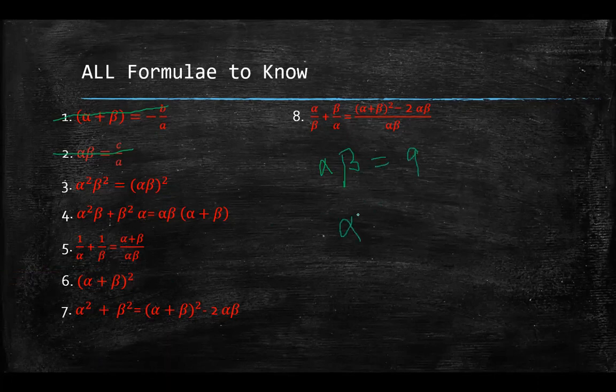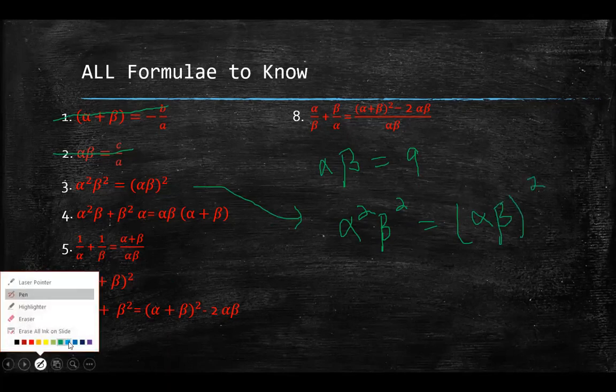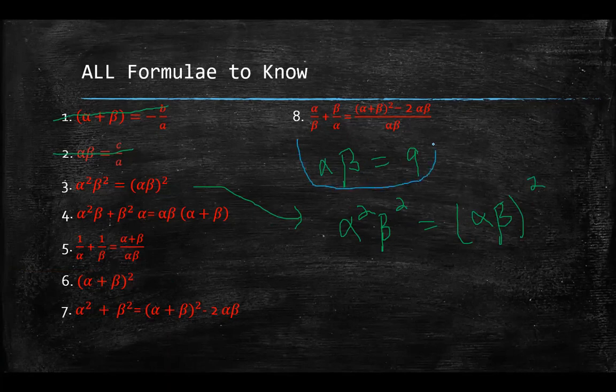If they ask me for alpha squared beta squared, it is equal to alpha beta squared. Alpha beta is 9, so all you have to do is say 9 squared, which is 81.